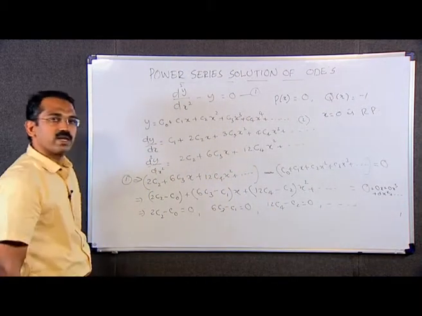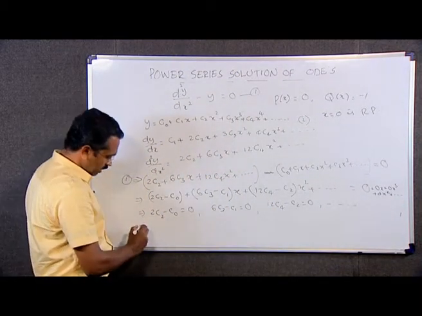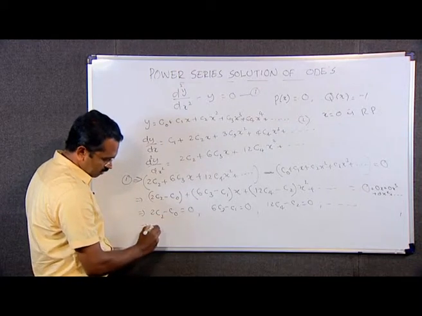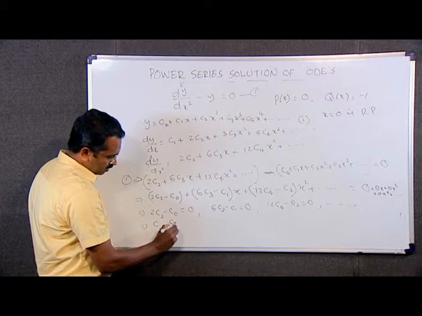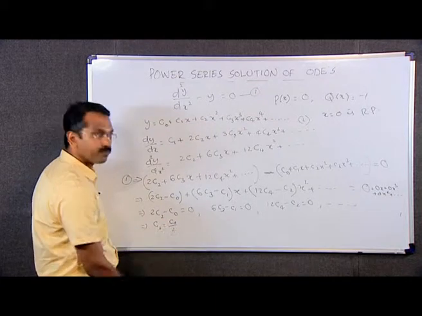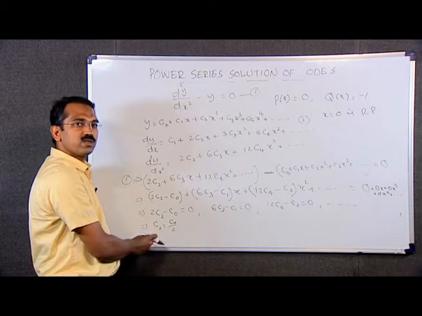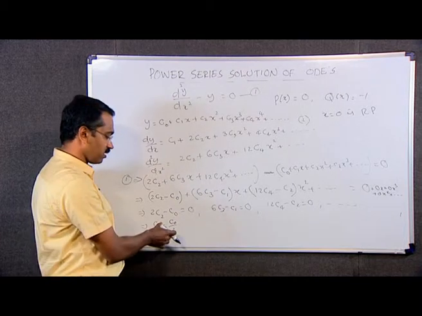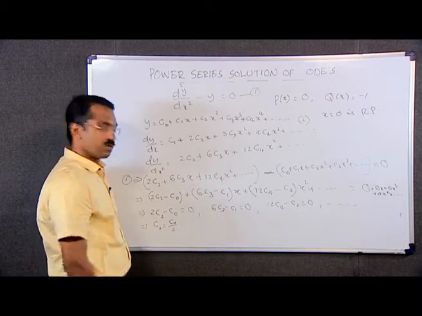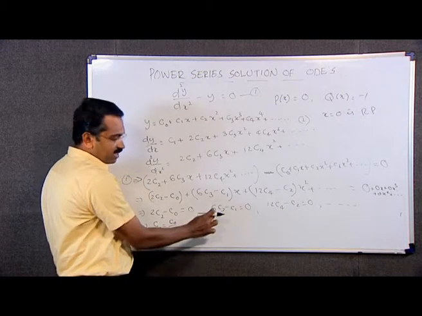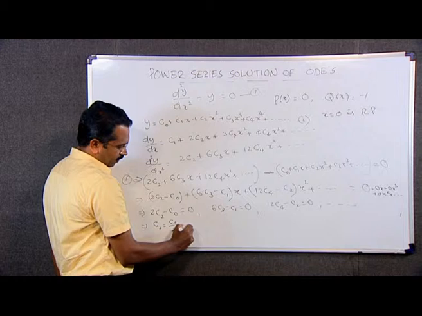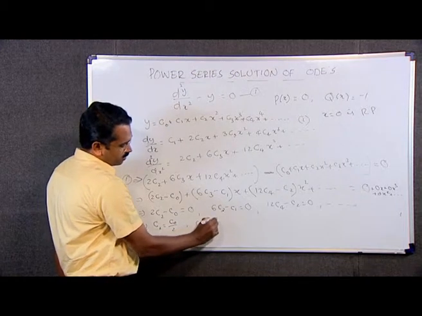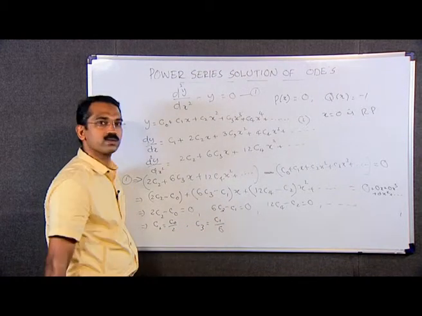From this first equation we can write c2 equal to c0 divided by 2. That is, c2 can be expressed in terms of c0. From this expression we can write 6c3 is equal to c1, means c3 is equal to c1 divided by 6.